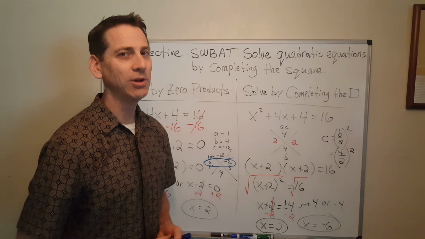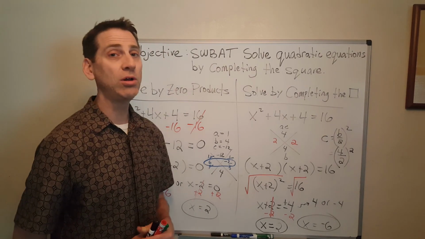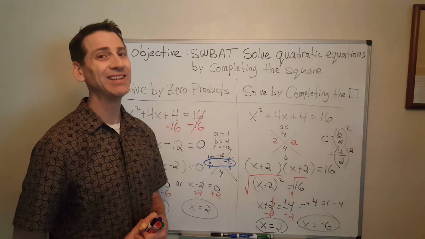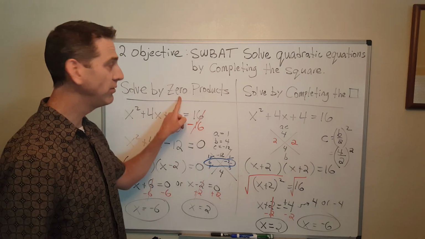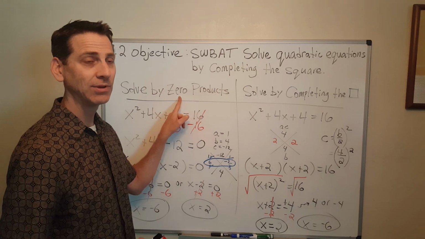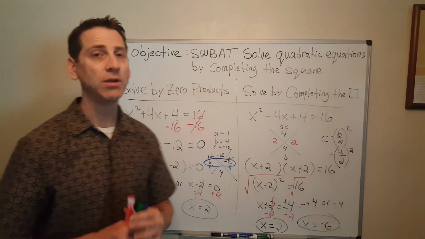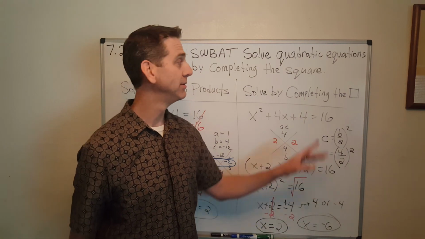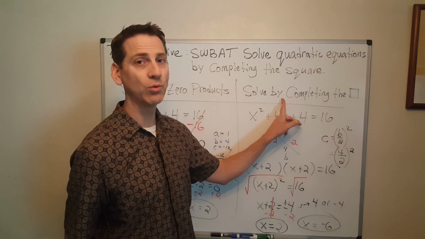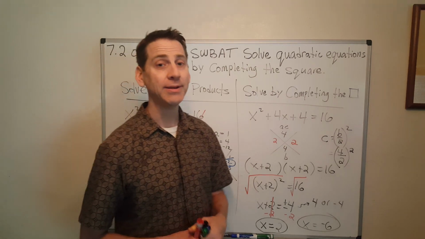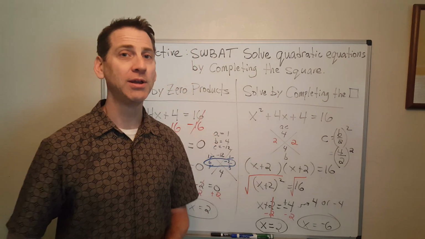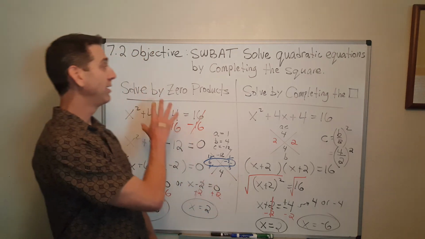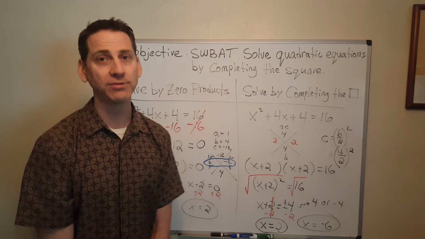You'll learn in the next video that many quadratic equations are not solvable by using zero products. However, you can solve any quadratic equation using completing the square. So stay tuned for our next video, and I'll show you an example of where it doesn't work with zero products, but it does work with completing the square.